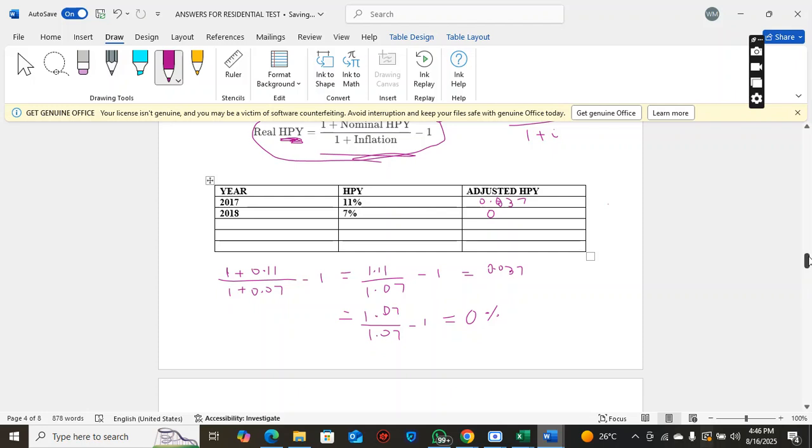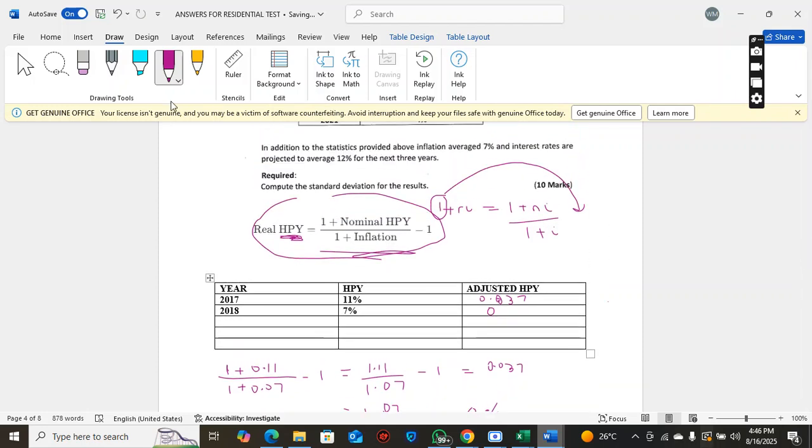In 2018, due to inflation, it's like you have not earned any return. The inflation has taken out all the return.